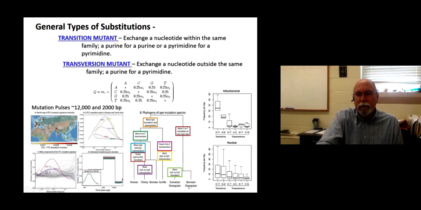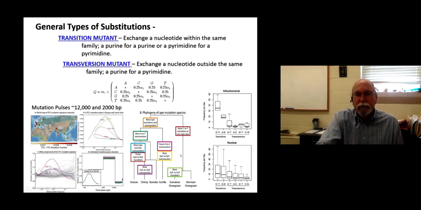In the orangutans, it looked like there were more transitions, these particular C to T transitions. Once we branched off into the great apes, more AT transversions were common than in other parts of the tree. And then eventually there were other types of transversions that separate the chimps from their close relatives, or the gorillas from humans.